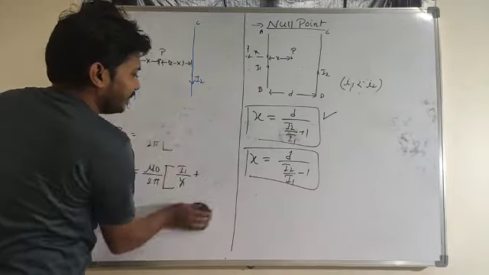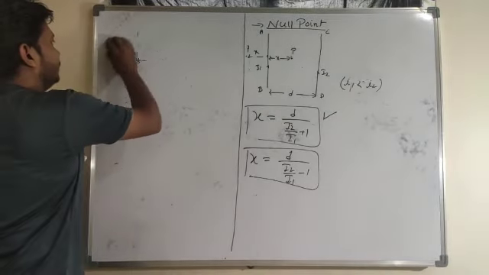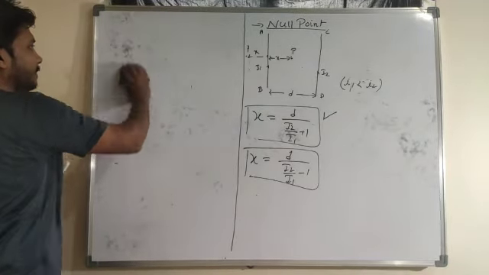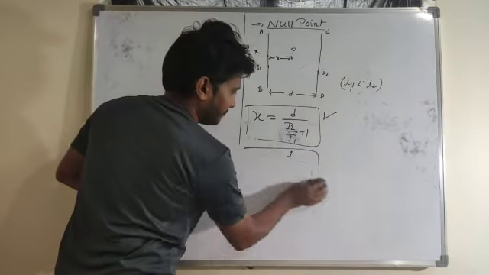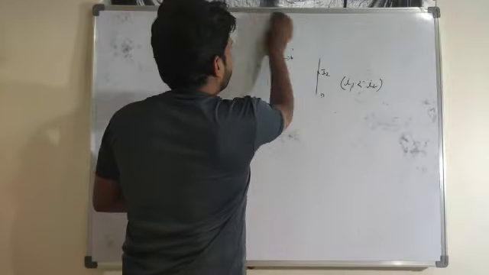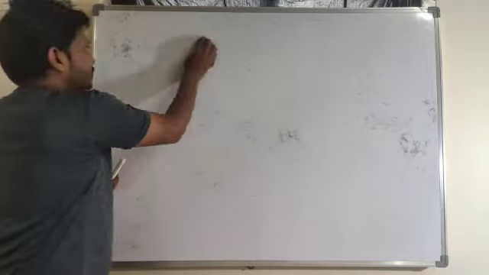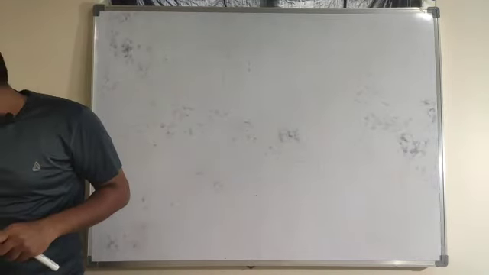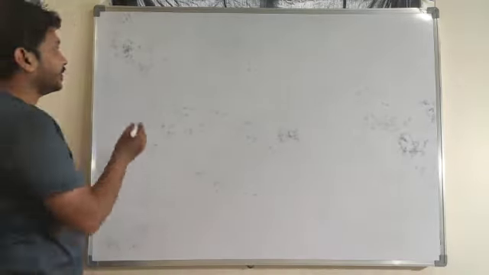Now let me consider, for example, in case of Ampere's circuital law, what is the equation for the force between two parallel wires, or force per unit length in case of two parallel wires, when the current is flowing in the same direction here.